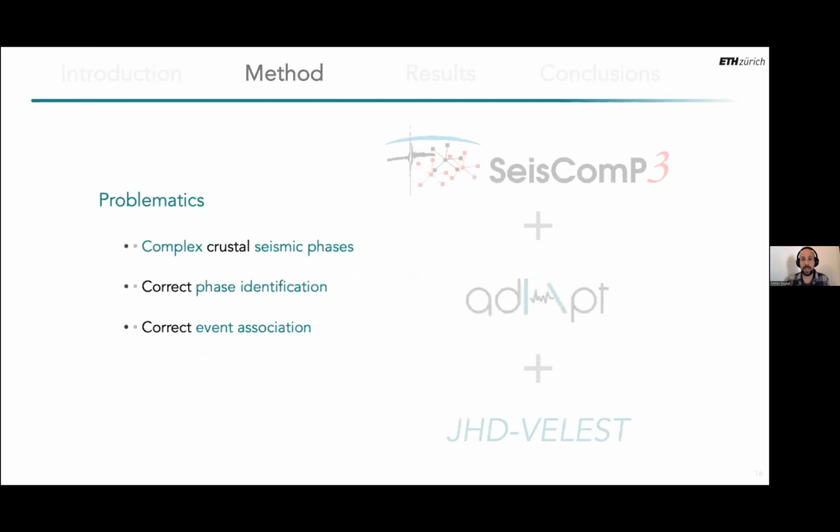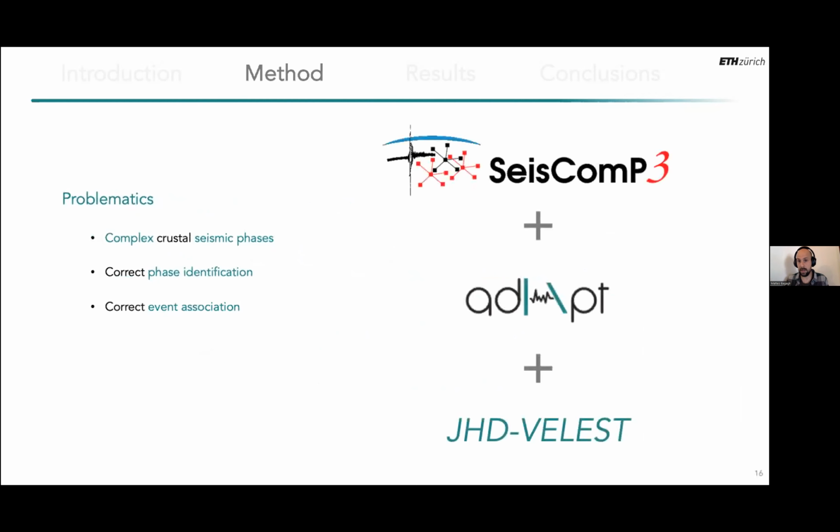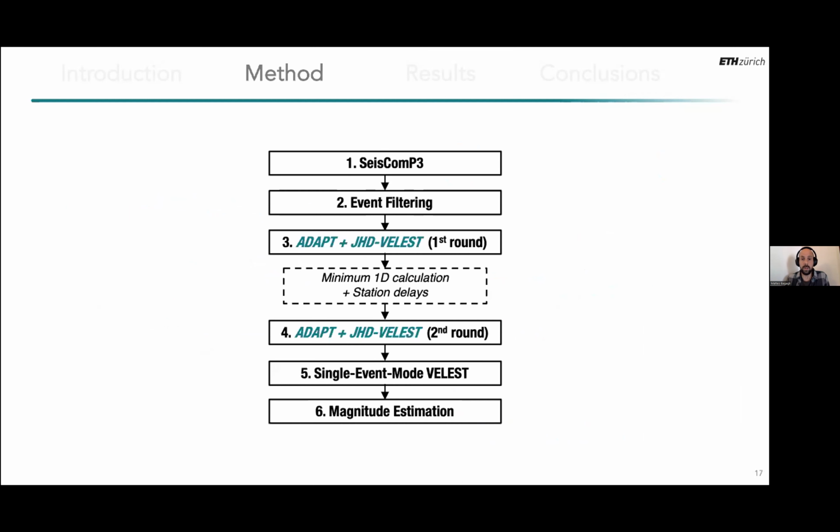For this, we created a semi-automatic multi-step procedure that involves 3 different software: SeisComp3, the AlpPicking library, and the Velest software, in particular the joint hypocentral determination approach that it offers. This is the multi-step, simplified procedure of our method.